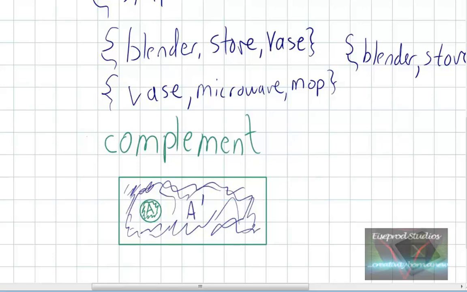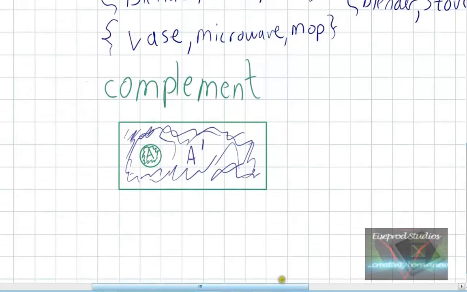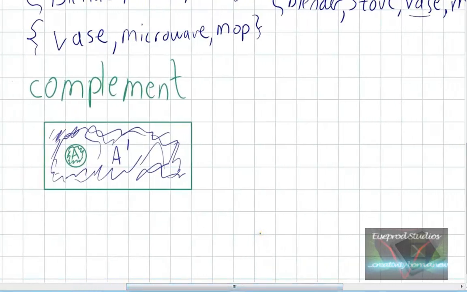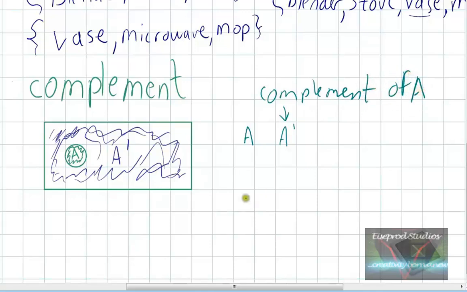And this just happens to be a result of notation. So I'll show you what I mean. A and A prime complete each other. They complete this rectangle. So that's why A prime is called the complement of A.